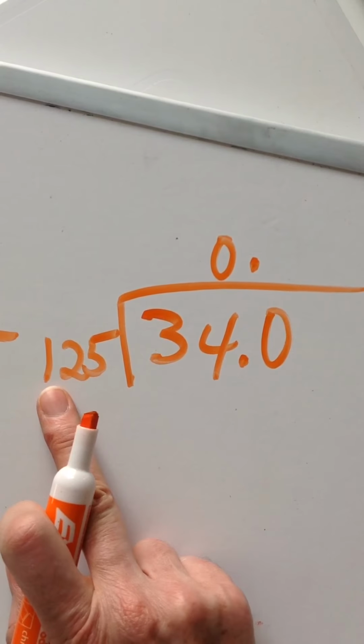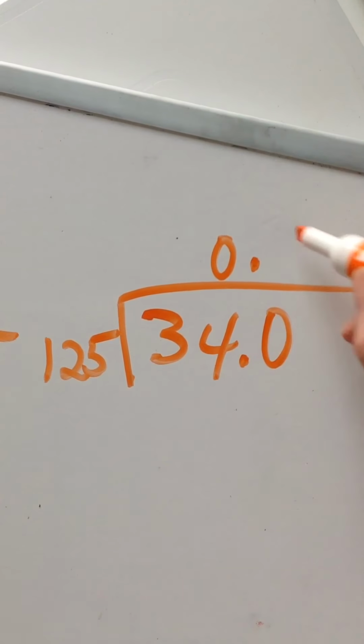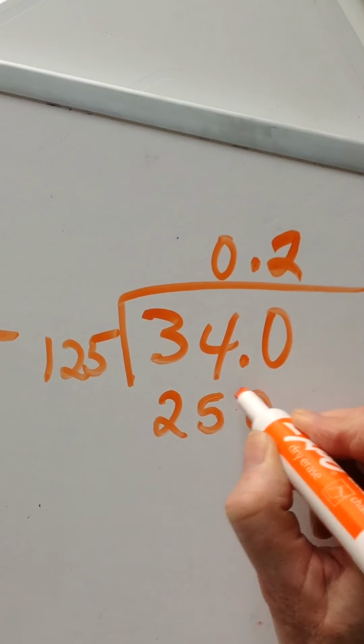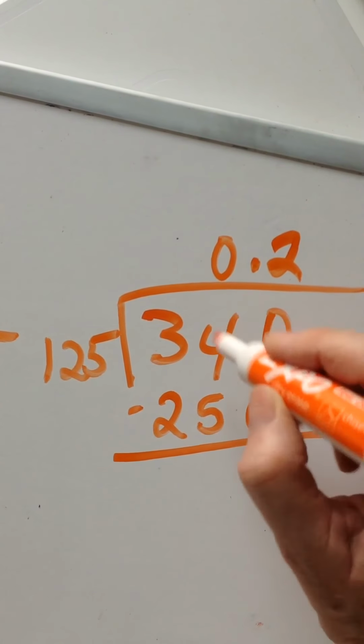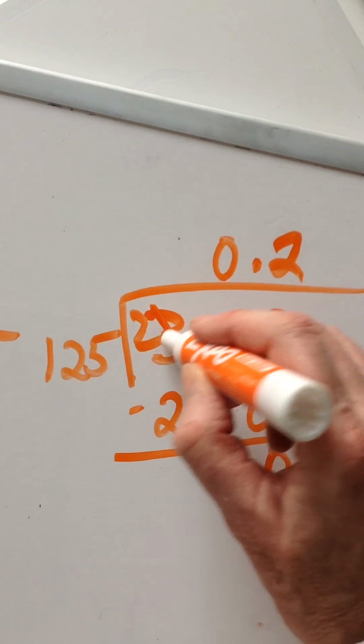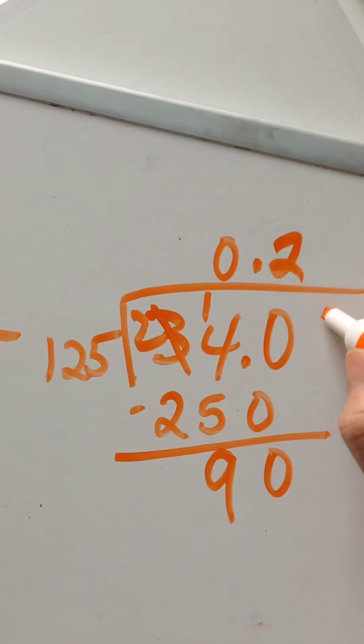Well, twice would be 250, right? 3 times would be 375. So we're going to say twice, because twice is 250. And 0 minus 0 is 0. I can't take 5 from 4. 14 minus 5 is 9. 125 won't go into 9. Good thing. 90, good thing.